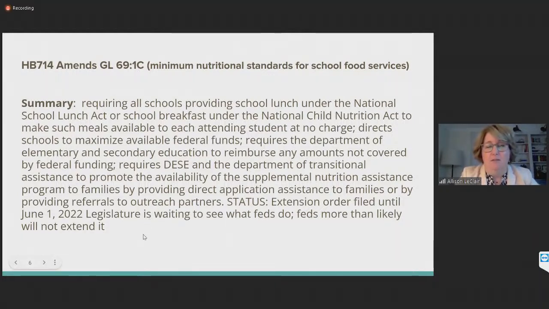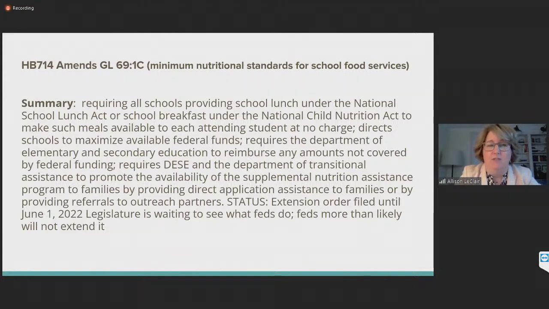What I am hoping to do is get your support to send a letter to our legislators to advocate for this bill. The summary is requiring all schools providing lunch under the National School Lunch Act or school breakfast to make such meals available to each attending student at no charge. So this is for Massachusetts only.